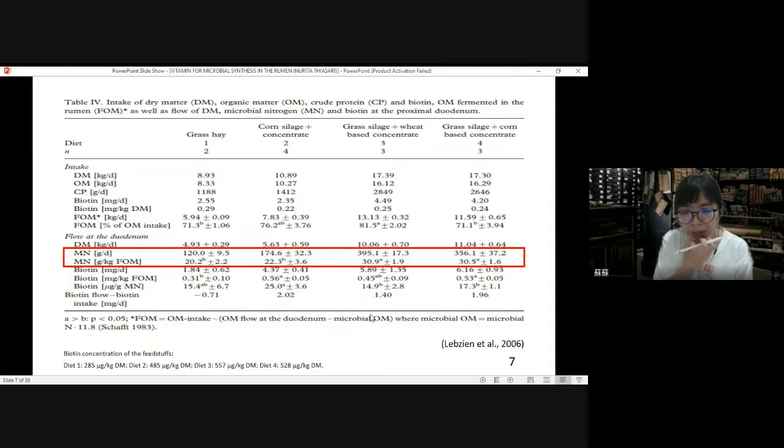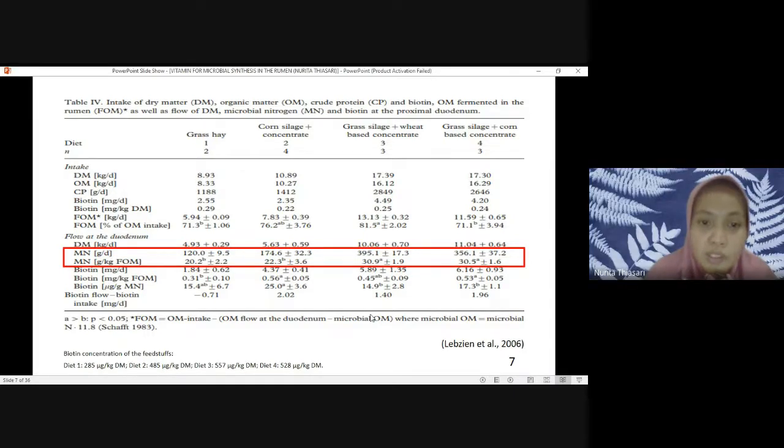But my question is, usually for the experiment, we will provide the same energy for each treatment. So I don't think the energy is the key point, or maybe I have to check again. Like this example from this experiment, they may have different levels of energy, but I will check another paper which has the same level of energy. How does it affect the microbial protein synthesis?